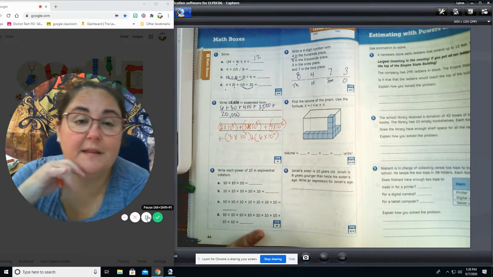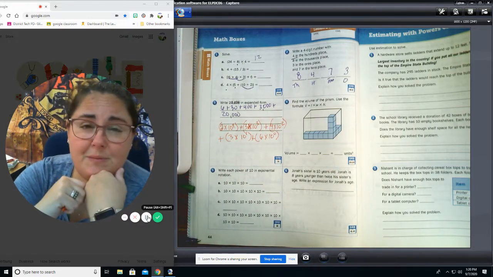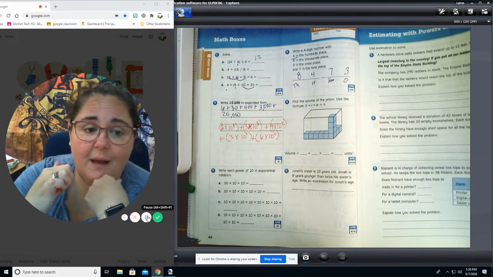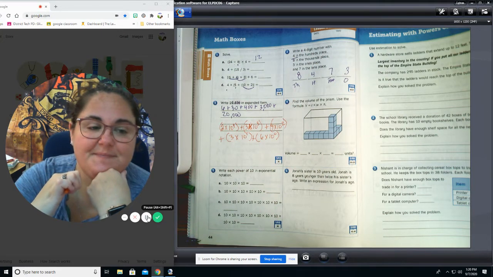Make sure that you have parentheses around the multiplication problems. I will take either of those ways.